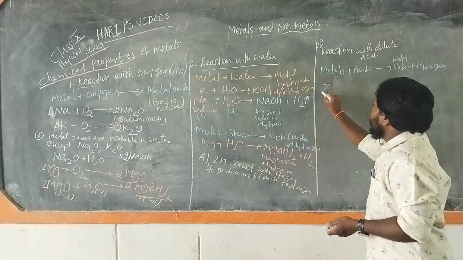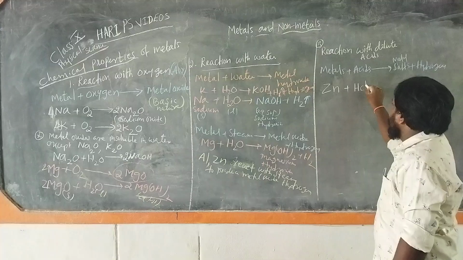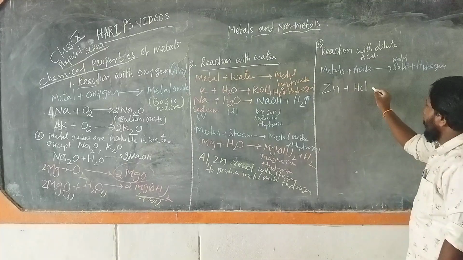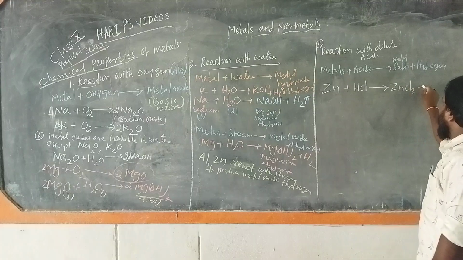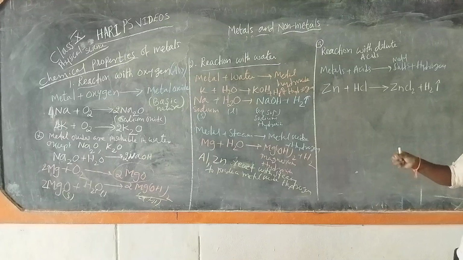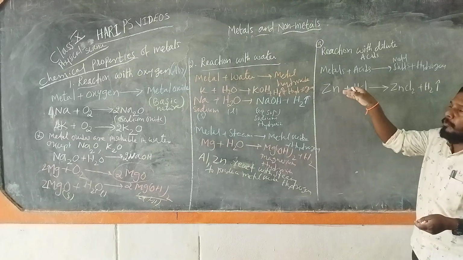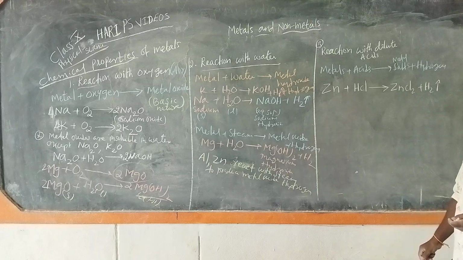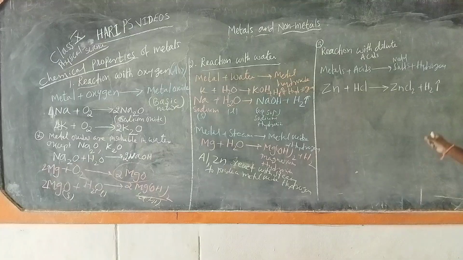So zinc is a metal. The zinc is reacting with dilute hydrochloric acid. It gives zinc chloride and hydrogen gas. So in a test tube, we have taken a small quantity of dilute hydrochloric acid, and when we drop a small piece of zinc in that, zinc chloride and hydrogen gas are liberated. So colourless gas is formed in the test tube.